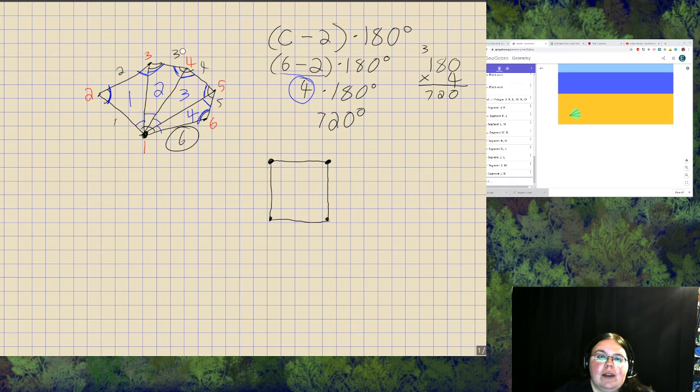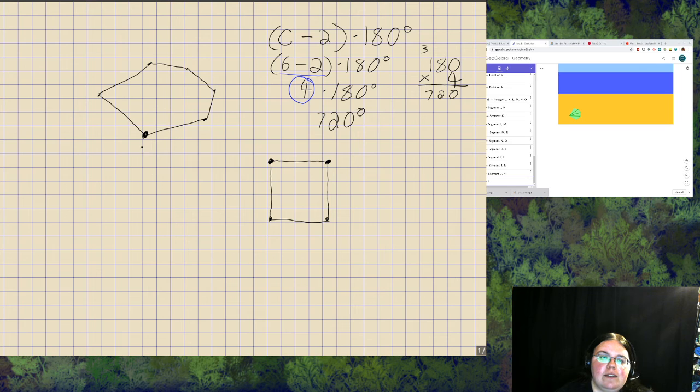I'm going to erase a few things so that we can focus on what we're really looking at here. Sometimes you need to tidy something up. If this were GeoGebra, I would just use that hide button. Okay, so here's what I see.